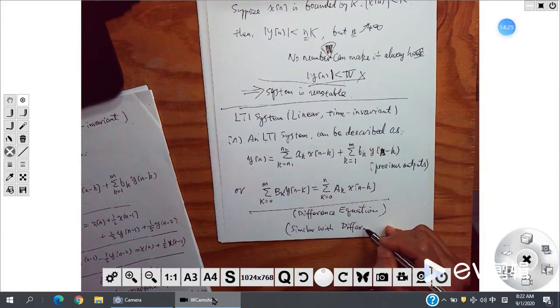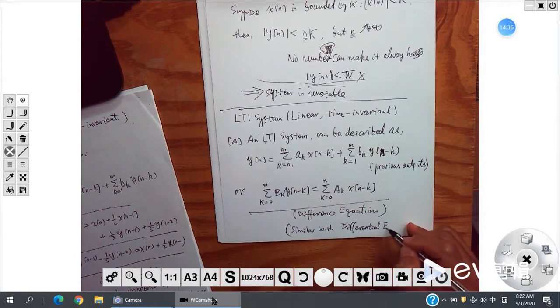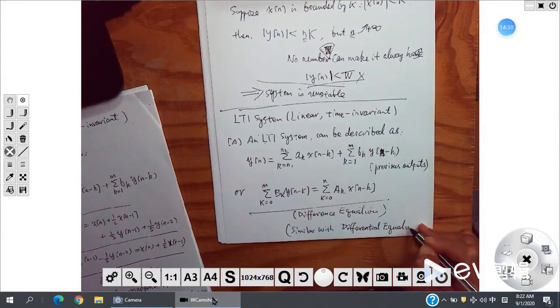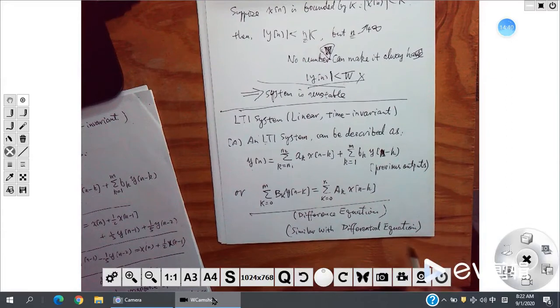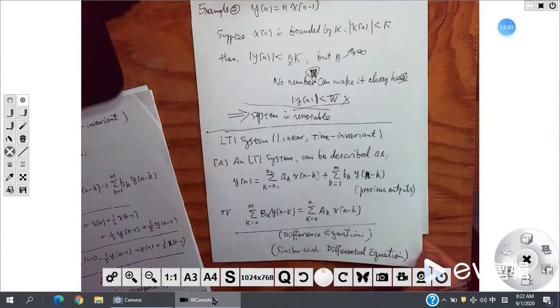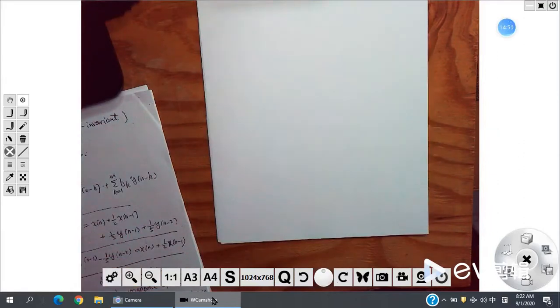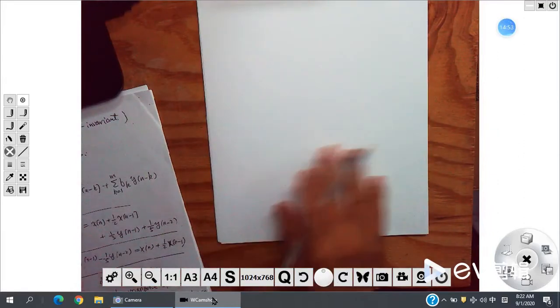A differential equation is for continuous time signals, and now this is for discrete time signals. This is one fact about LTI systems.